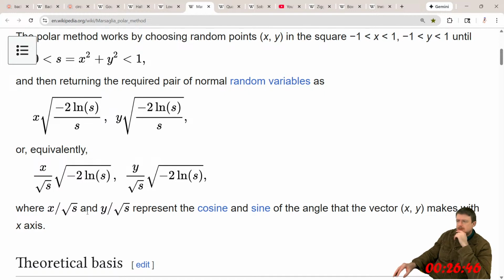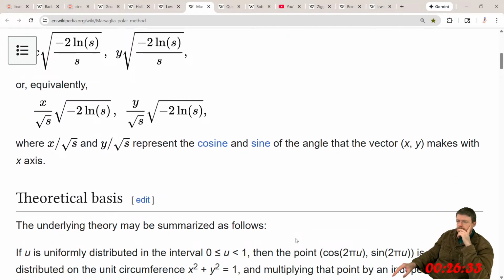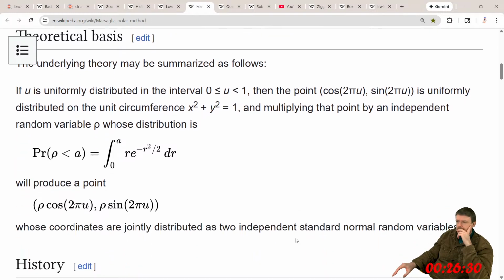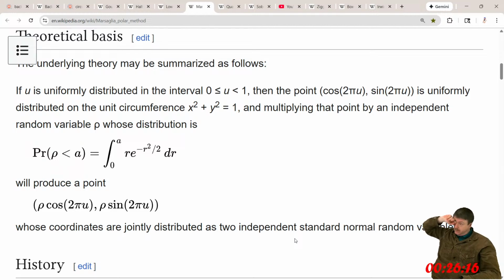X over square root s, y over square root s represent the cosine and sine of the angle of that vector. Okay.